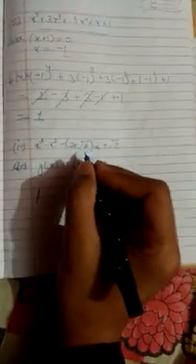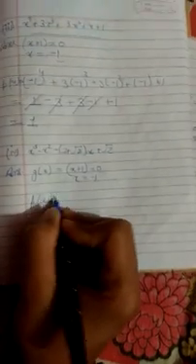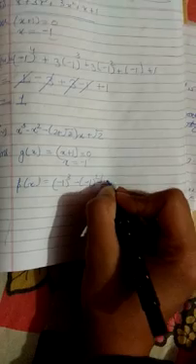So we have to put this value in this polynomial. If this comes 0, then it is a factor of this. So the polynomial: minus 1 whole cube minus minus 1 whole square minus 2 plus under root 2 multiplied by minus 1 plus under root 2.